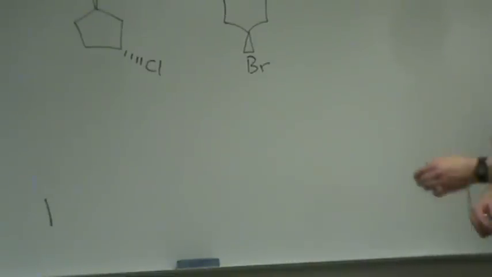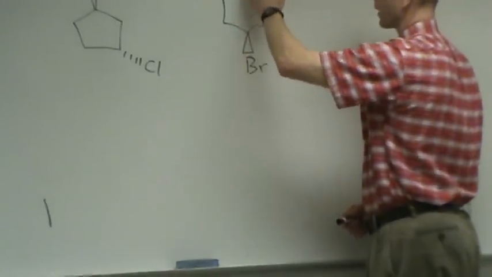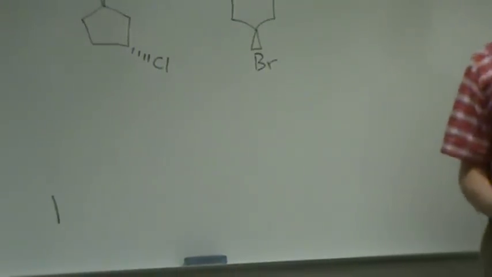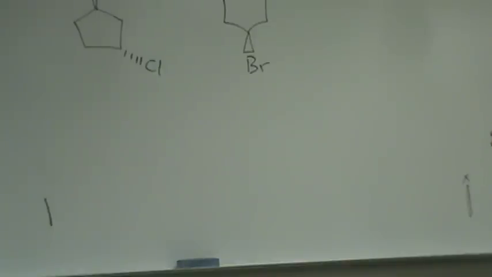So you should be able to now tell and explain what these dashes and wedges mean in terms of how the two groups are related to each other. Any questions on cis and trans, how to deal with those?